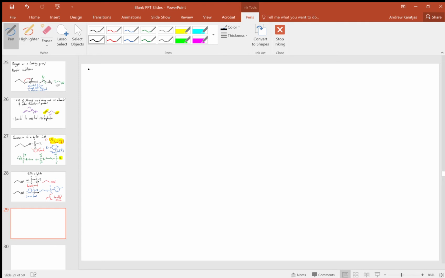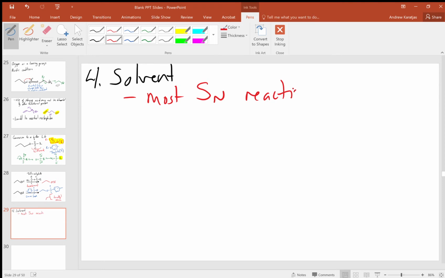Alright, our final effect to consider when it comes to SN2 reactions is the role that solvent plays. So first thing we can say is that most of these reactions require polar solvents.